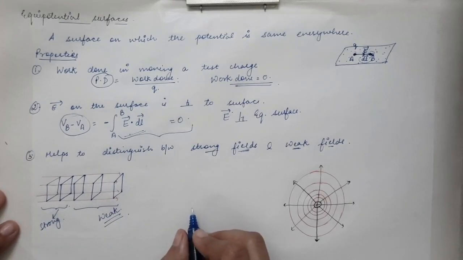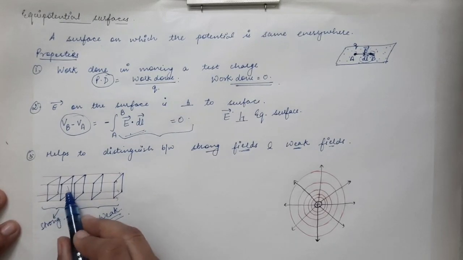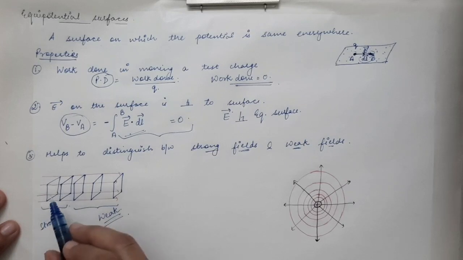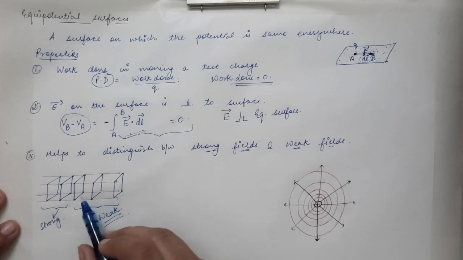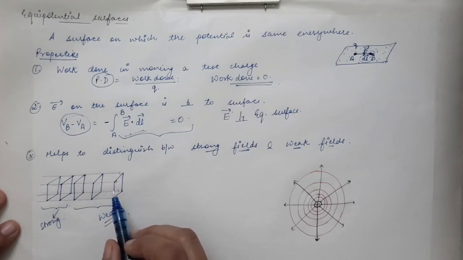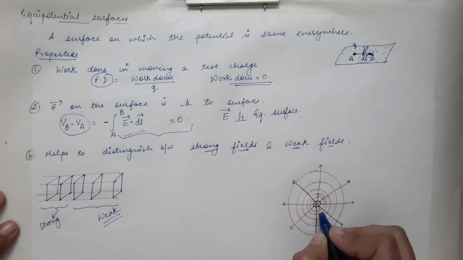Equipotential surfaces are drawn in a manner that in the case of a strong field, the density of the equipotential surfaces should be more, and in the case of weak fields, the density should be comparatively less.